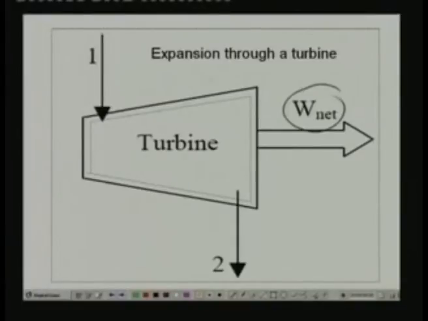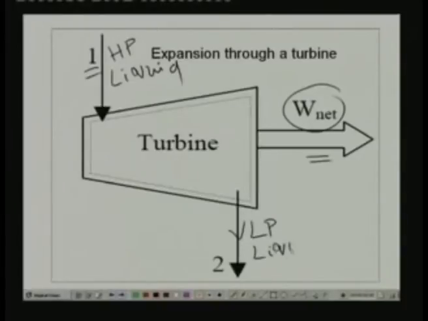So if you are talking about a high pressure liquid at state 1, it enters the turbine and delivers net work output W net, and it exits the turbine at a low pressure. So low pressure liquid or low pressure fluid, we really do not know whether it is a liquid or vapor at this point.